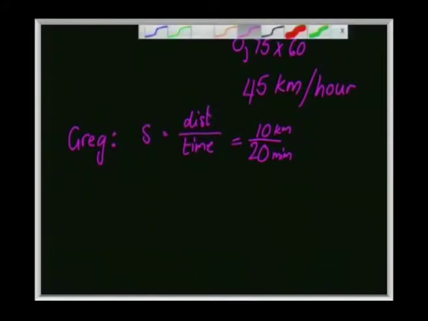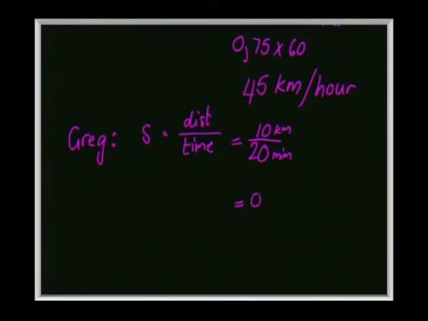So his speed was 0.5 kilometers per minute. And we want to do the same thing that we did earlier, convert it from kilometers per minute into kilometers per hour, and we do that by multiplying by 60.